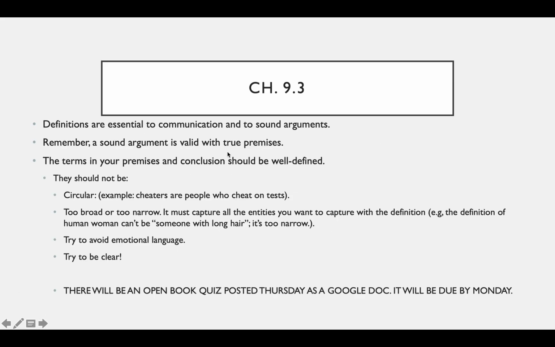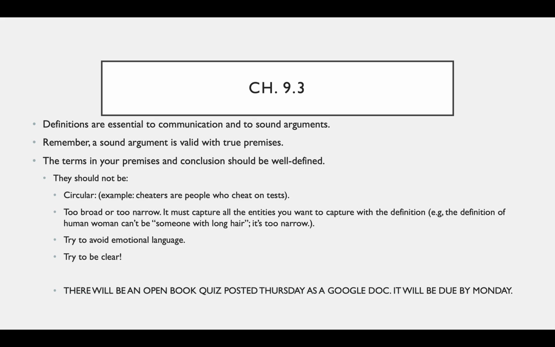Okay, so one last little snippet from your book. Chapter 9.3. Chapter 9 talks a lot about definitions and types of arguments. And all I want to pull from this is something that you probably picked up in this course, that when you are using terms in your propositions, you want them to be well defined.